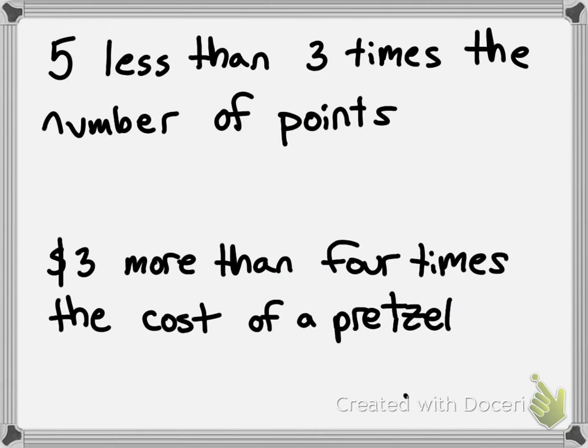Jonathan, what do we not know for the first problem? We don't know the number of points. Exactly. What about the other one? Jaden, what do we not know for the second problem?